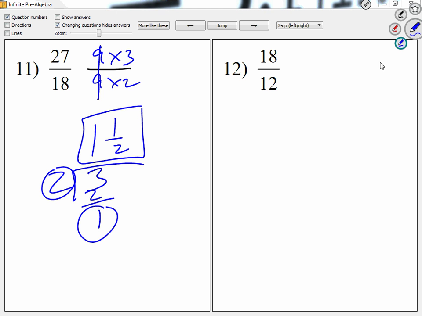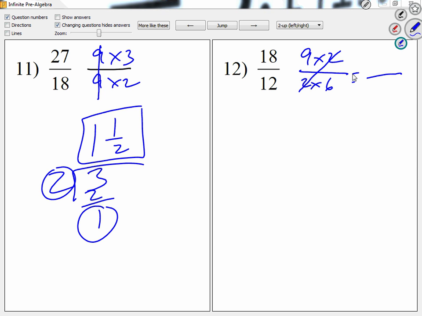Alright, looking at number 12. Give me two numbers that multiply to equal 18. 9 and 2. Okay. Try to repeat one of those numbers. Give me two numbers that multiply to equal 12. 2 times 6. So we cancel out the 2's. We have 9 over 6. We can still do better.